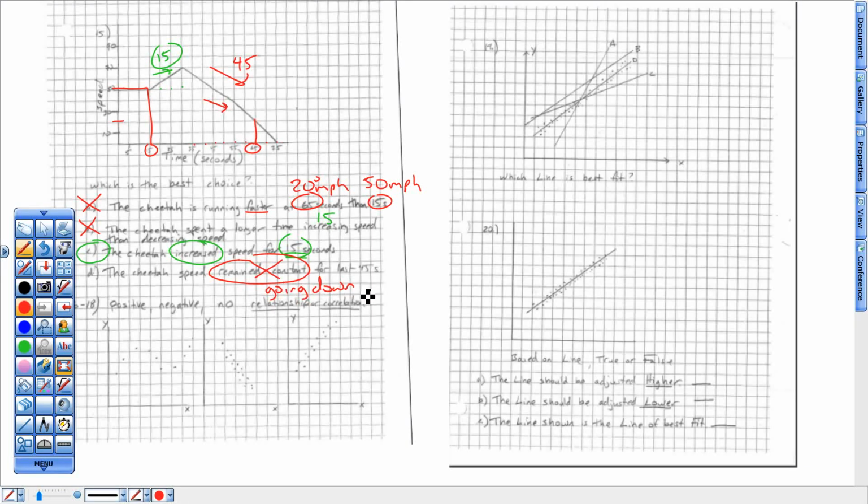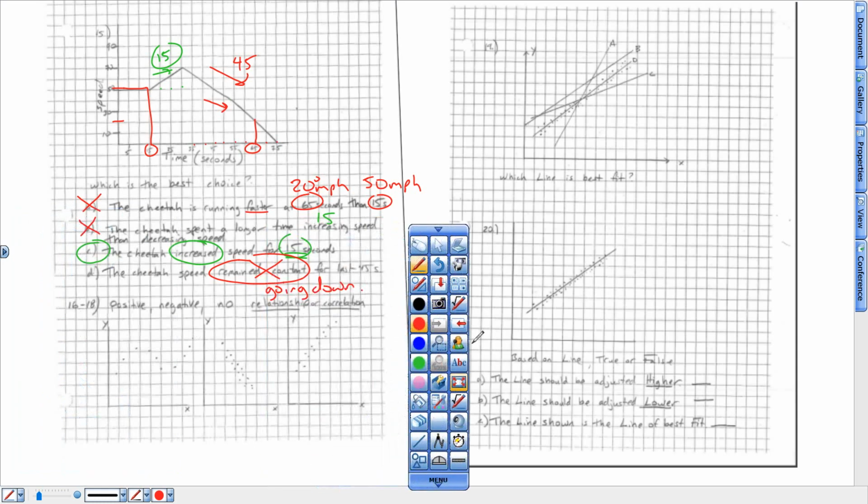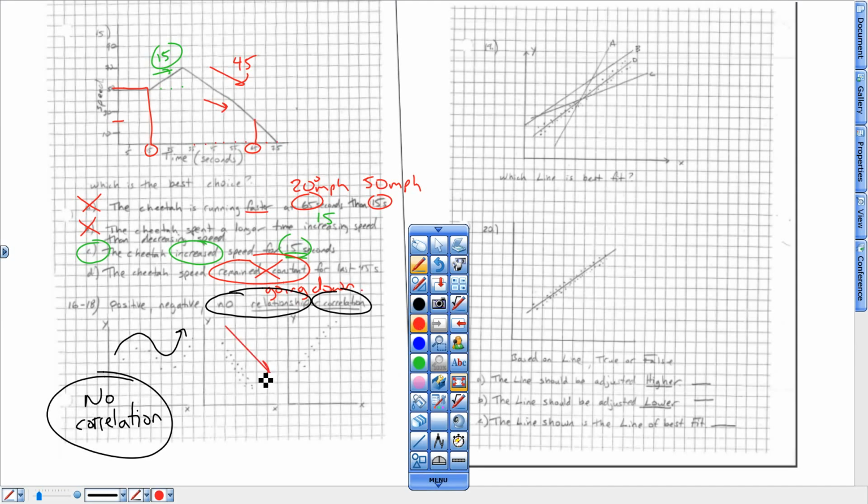All right, next one right here. Knowing this, easy as anything that is curvy, that right there would be no relationship or no correlation. This guy right here, clearly sloping down, negative.